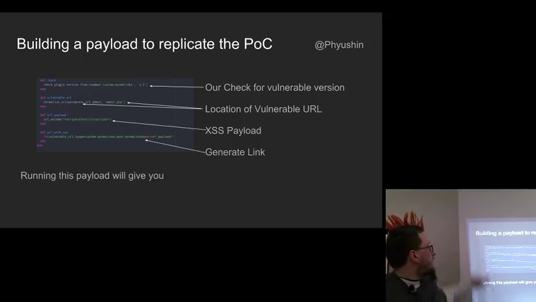But then we've got these three here. This is the method that'll generate our link. If you've never seen any Ruby before, you probably won't know what these are, but basically they signify that you use the return value of either the variable or the function in that. So you can see that vulnerable URL there is actually this up here.